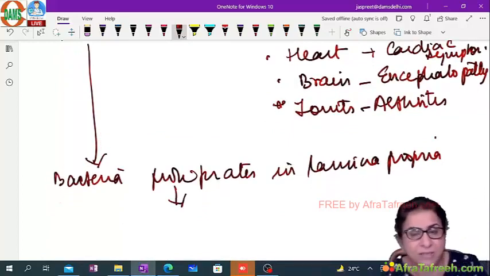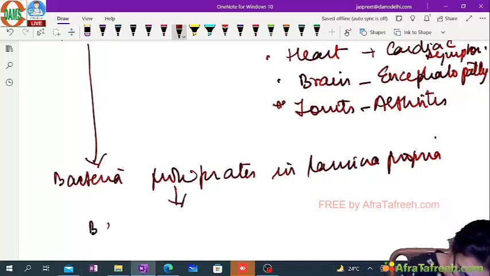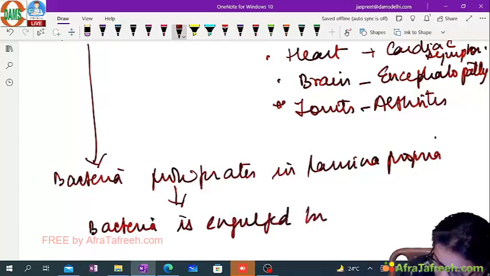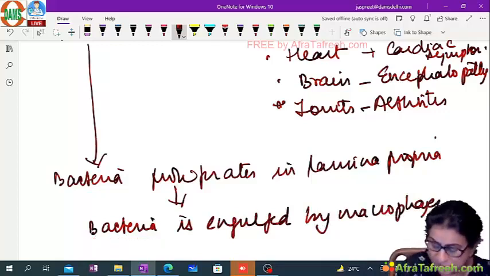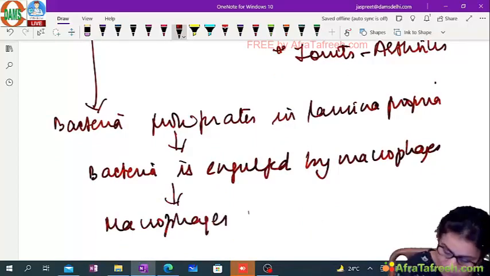Then, as the bacteria multiplies in the lamina propria, macrophages come and eat it up. So the bacteria is engulfed by macrophages, and these macrophages fill the lamina propria.